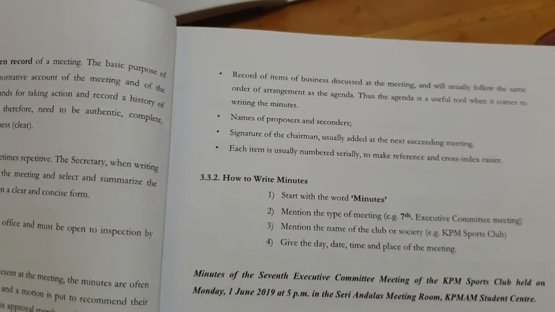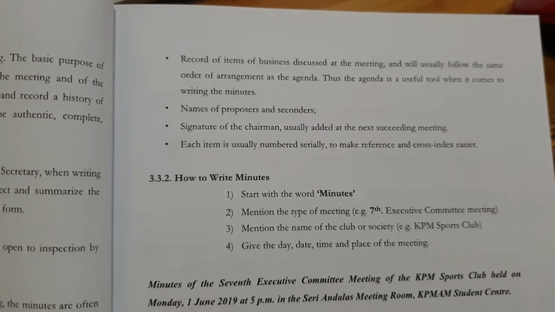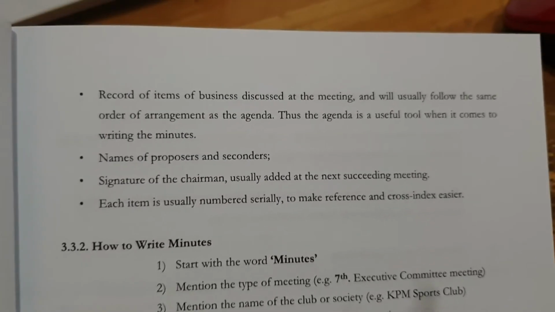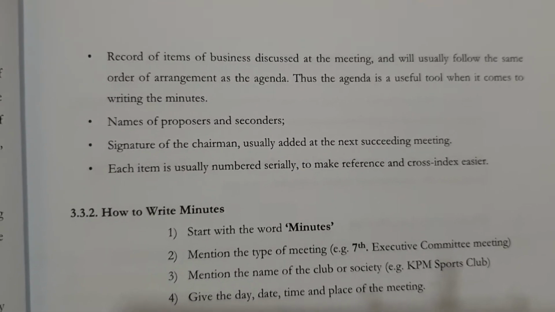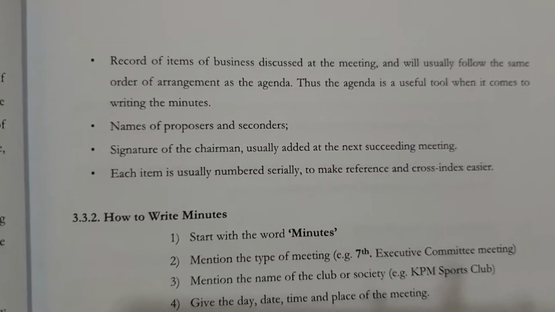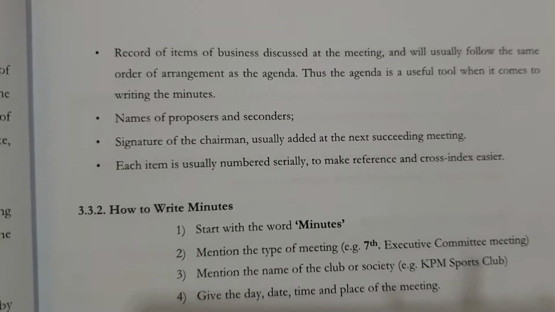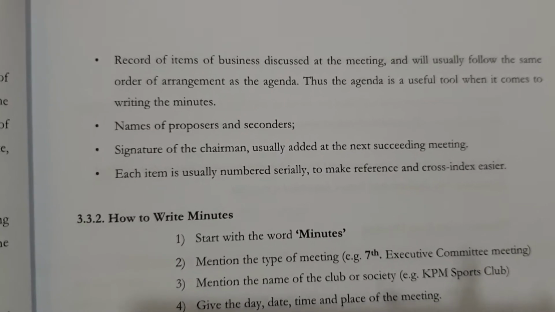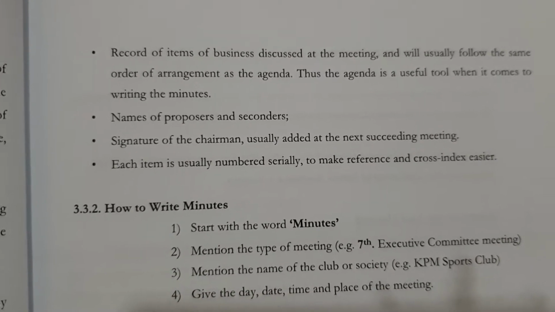Next page we have here the record of items of business discussed at the meeting, which will usually follow the same order of arrangement as the agenda. Thus, the agenda is a useful tool when it comes to writing the minutes. Then the names of proposers and seconders, and the signature of the chairman, usually added at the next succeeding meeting.